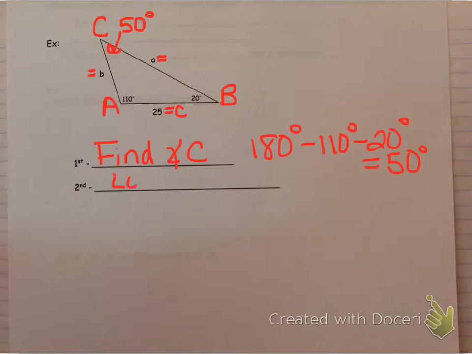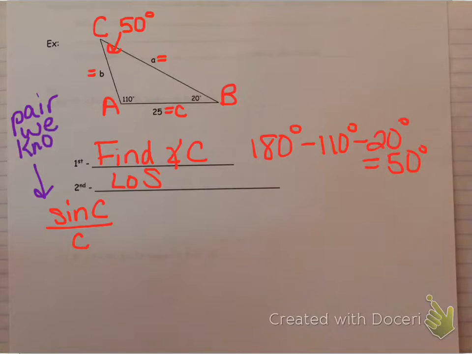Okay, so we're going to use the law of sines to find our missing two sides, and then we will have our triangle solved. Each time we use the law of sines, the first fraction that we use in this case is going to be sine of C over C, because we're choosing the pair that we know.